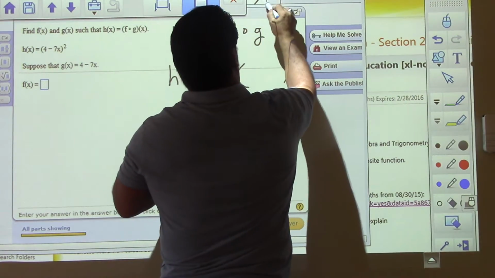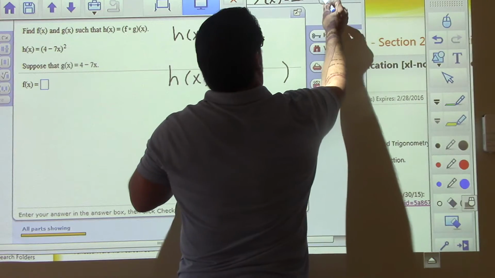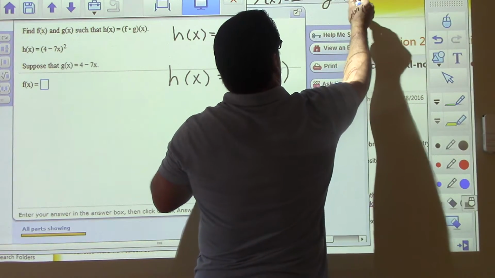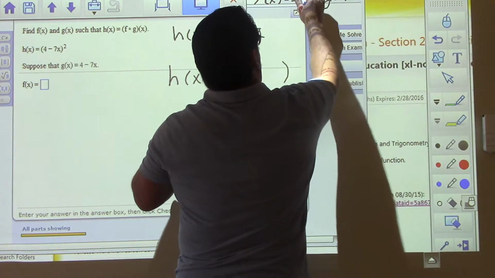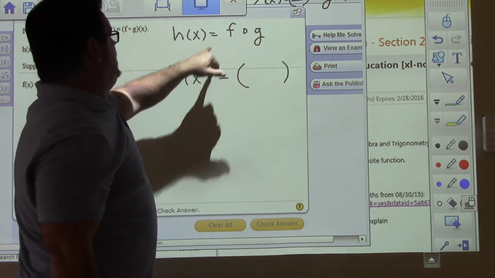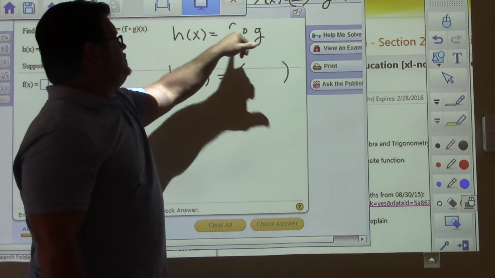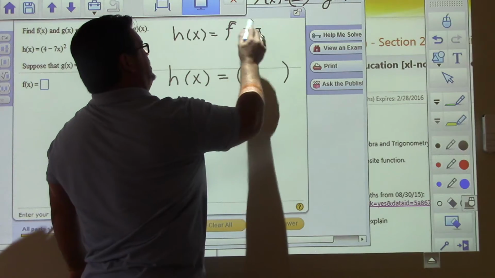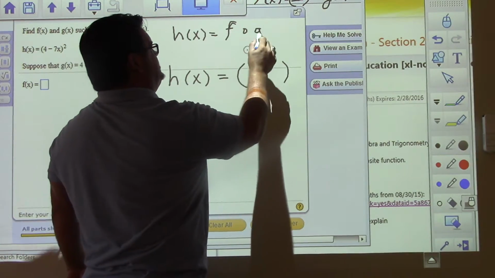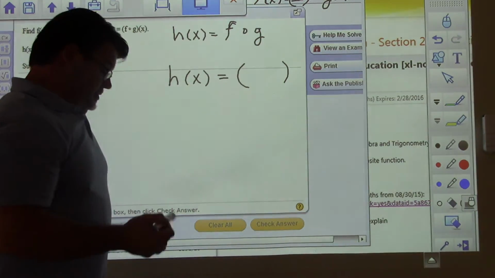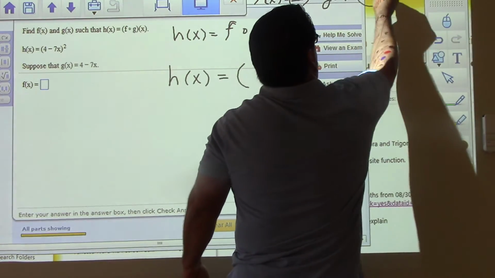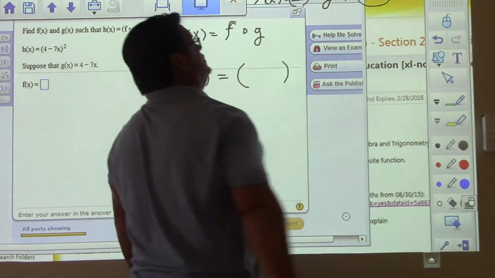So f of x is equal to something and g of x is equal to something. f of x has the parentheses because f composed of g means you take f and write it in parentheses and you plug g into it. So g, whatever g is, is in the middle.